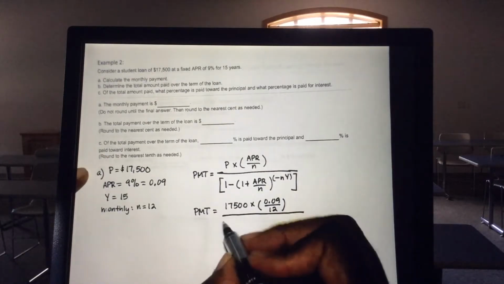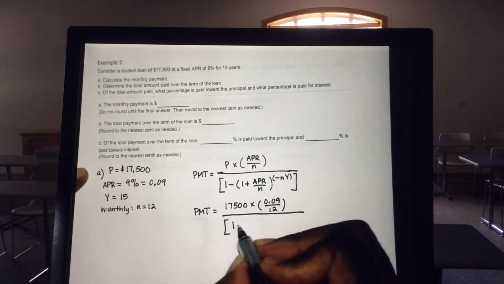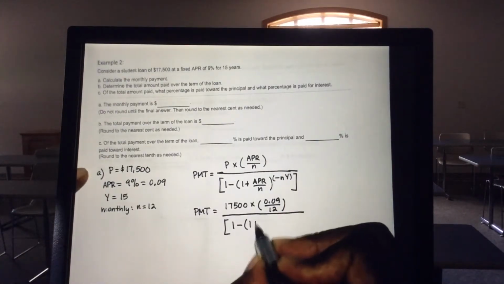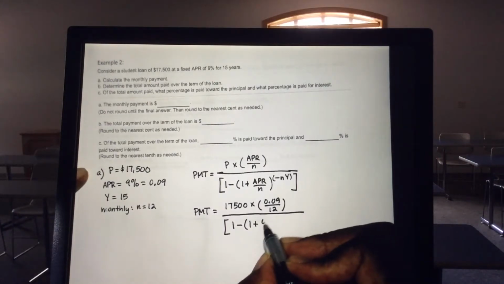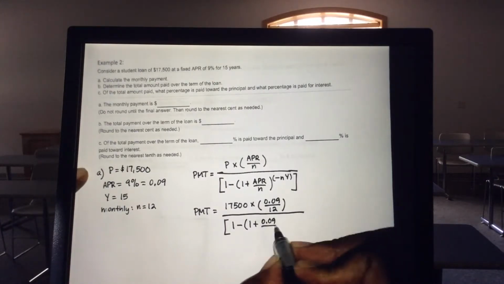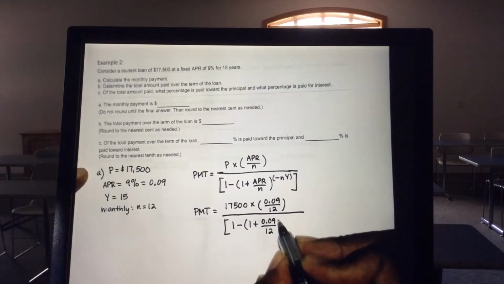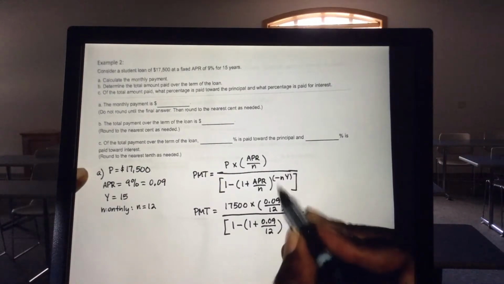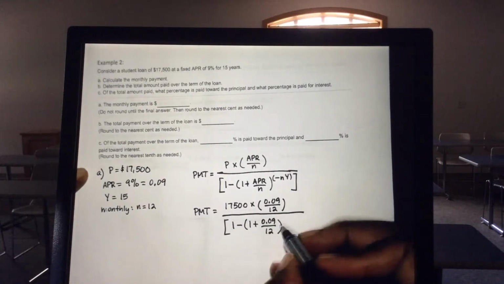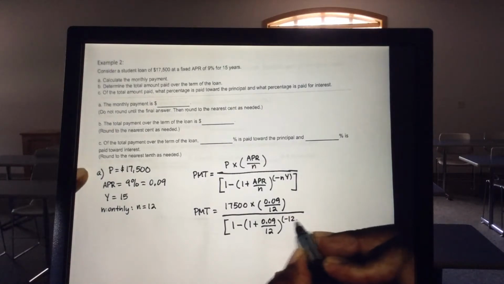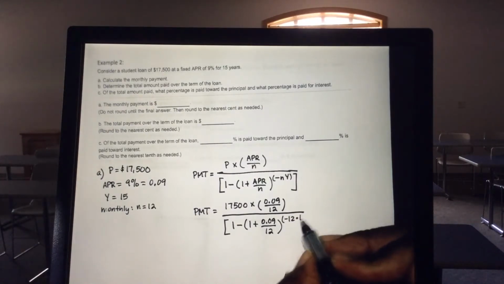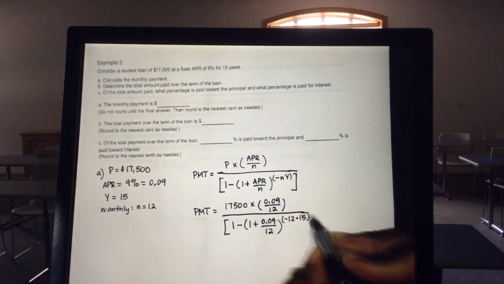All that's divided by 1 minus, and in parentheses, 1 plus APR of 0.09 again, divided by 12. Now that's raised to the negative N. N is 12, so I'm going to have a negative 12 times Y, which is 15, as my exponent.